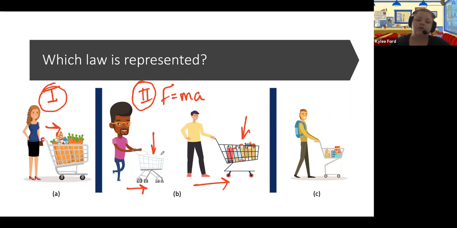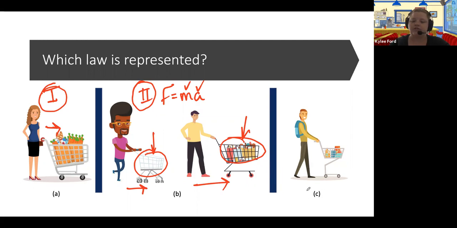So if I want to know how much force each of these guys would have to use to move these carts, I would need to know their masses, which we could find, and their accelerations. By doing that, we can use Newton's second law.